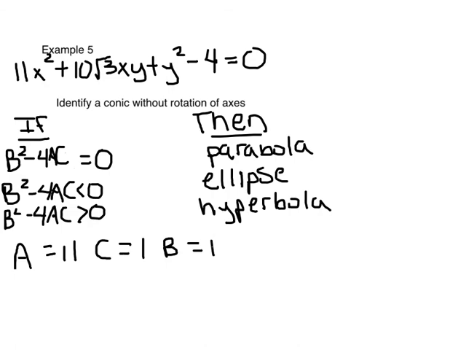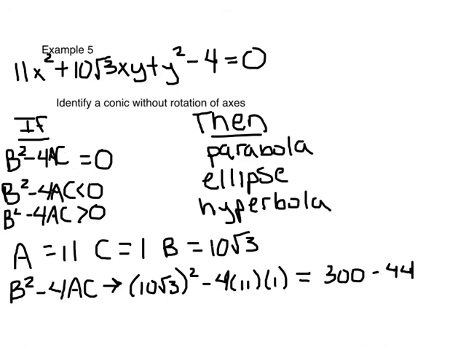So with our b equaling 10 rad 3, let's look at what happens. We can see when we plug this in that we end up with 300 minus 44, and that is greater than 0, so we actually have a hyperbola. Go ahead and try checkpoint 5 and come back.